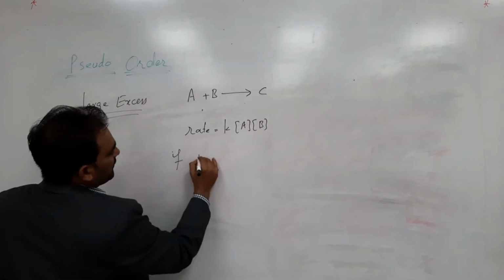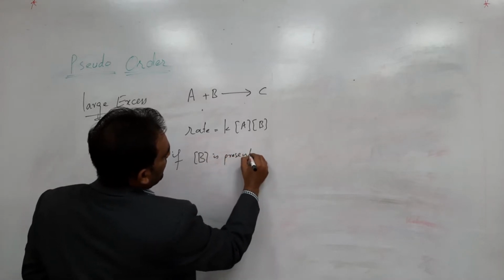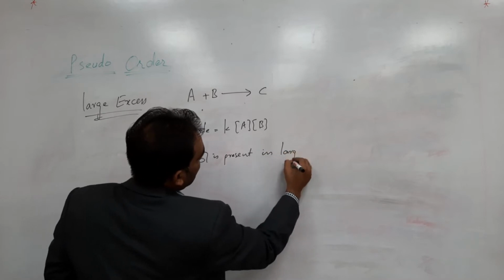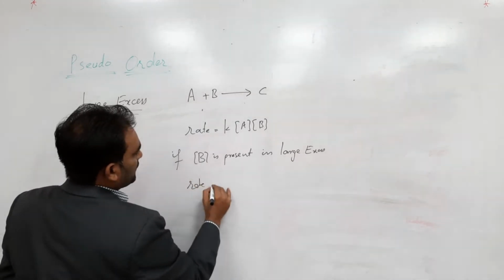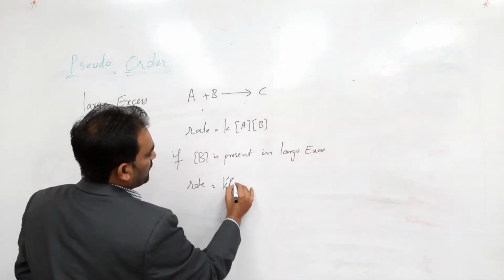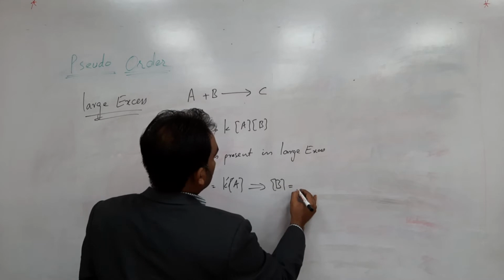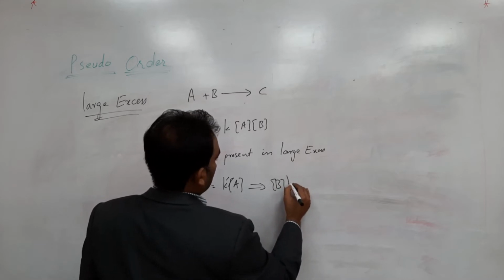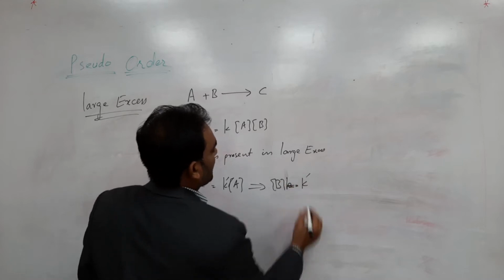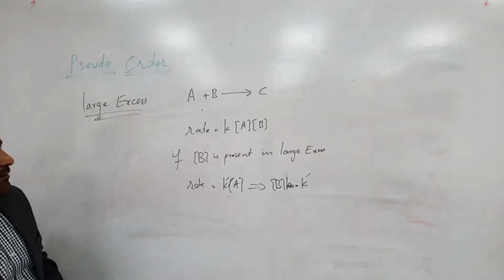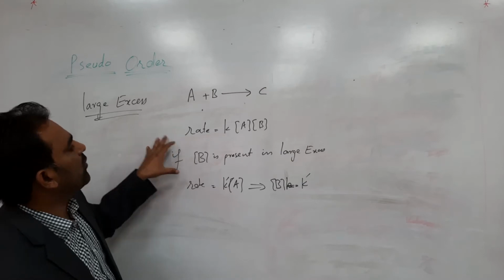If B is present in large excess, then this rate will be, what does it mean? k[B] is equal to k'. So this sort of reaction is called a pseudo order reaction.